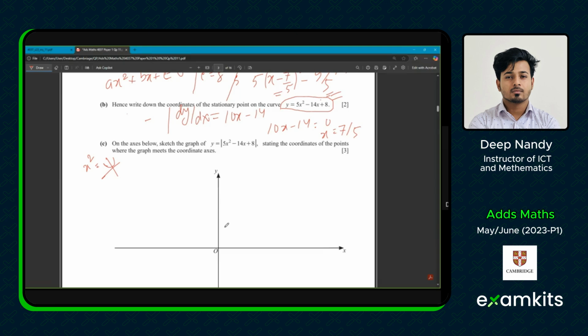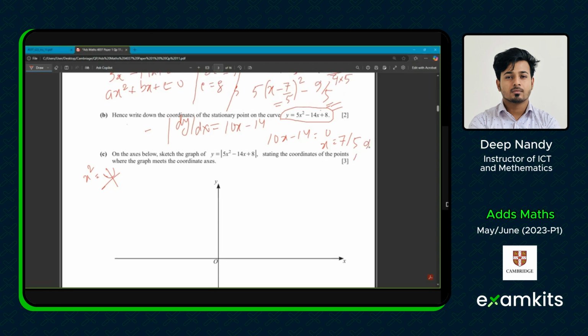The coordinates of the stationary point are 7 by 5, minus 9 by 5. Putting this x value in the y equation, we get the y coordinate, 9 by 5.